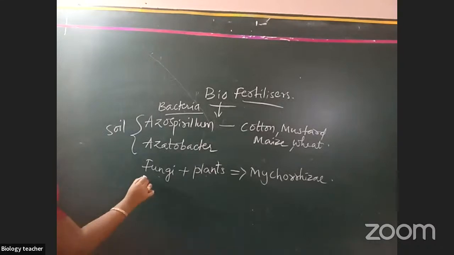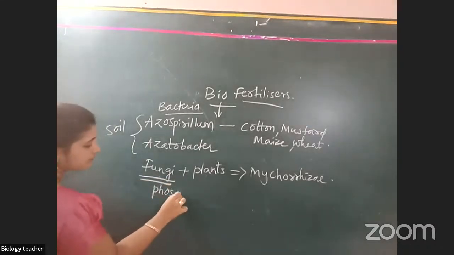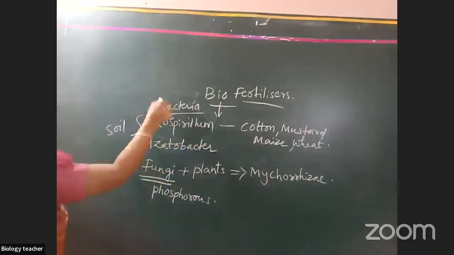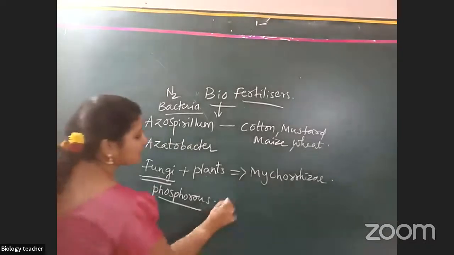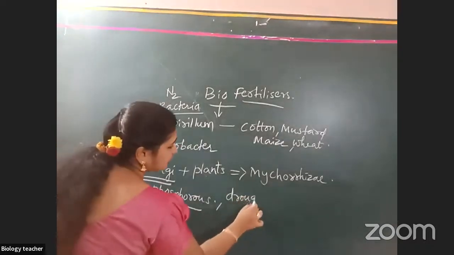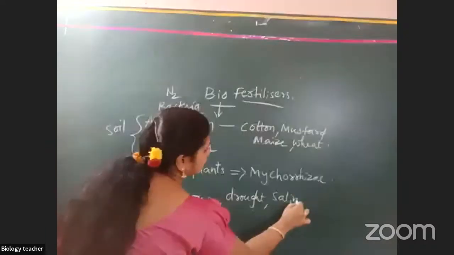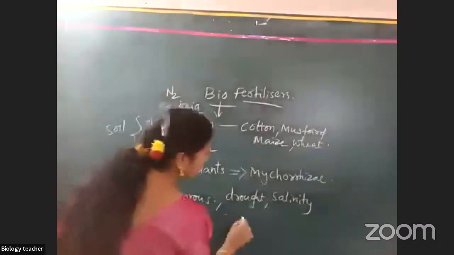So this fungi will provide what? Phosphorus. Here this will provide what? Nitrogen. Here this will provide what? Phosphorus. And they also help overcome drought conditions. Next, salinity. And also disease.